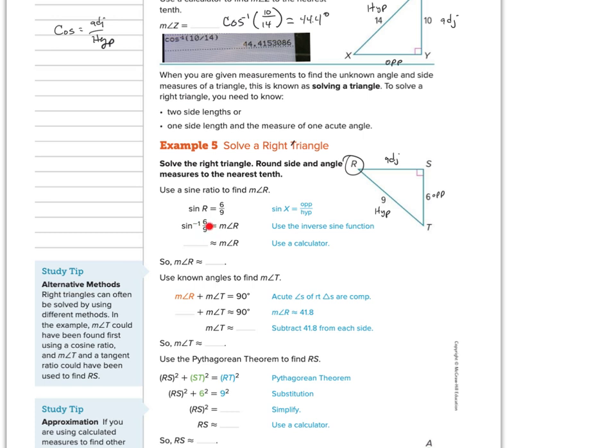So the inverse sine of the opposite over the hypotenuse is going to be equal to the measure of angle R. So the measure of angle R is going to be approximately 41.8 once you round. It's 41.81, so it would round to 41.8. So the measurement is approximately 41.8 degrees.